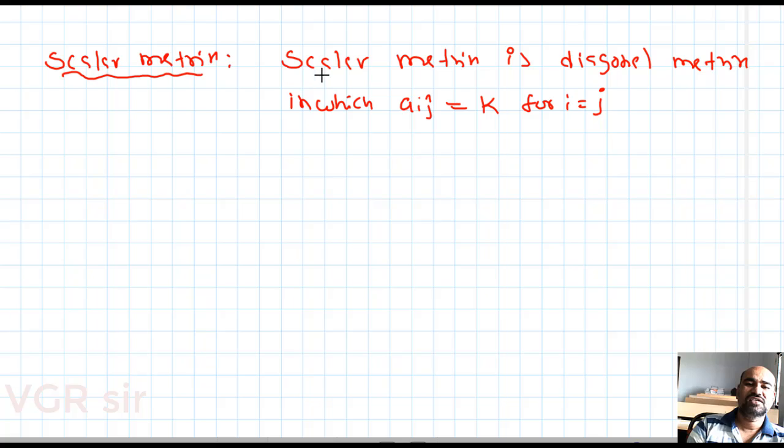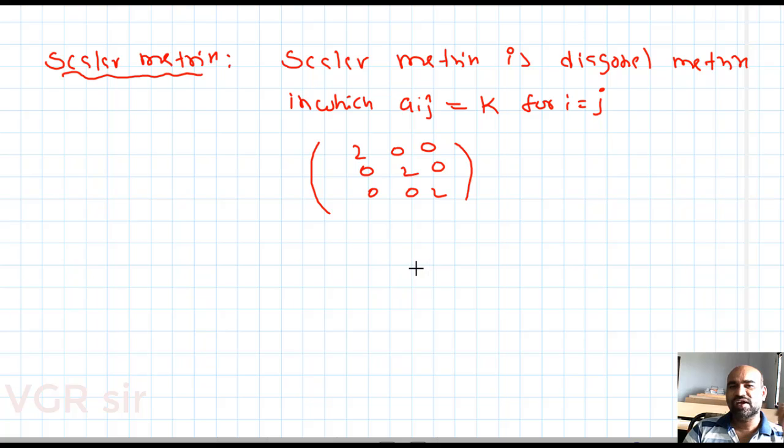For example, 2 0 0, 0 2 0, 0 0 2. This is called a scalar matrix.